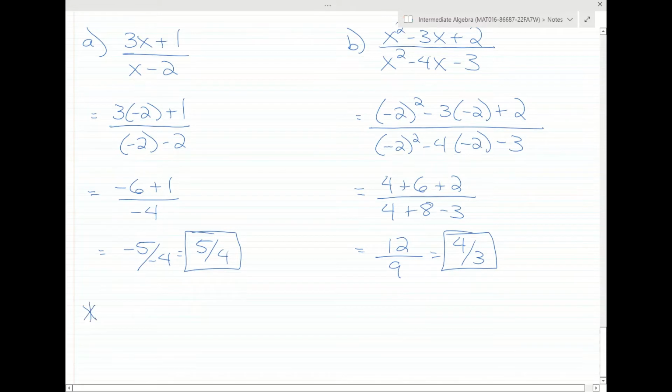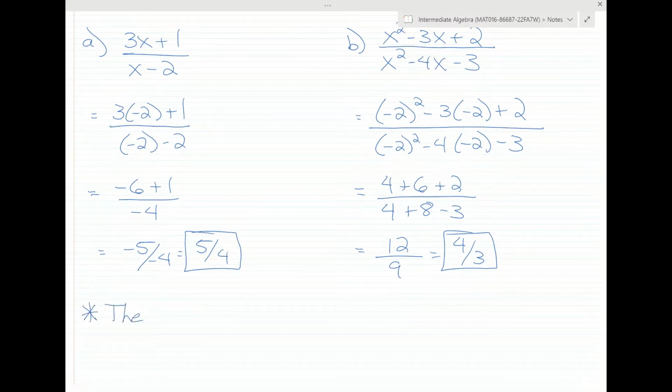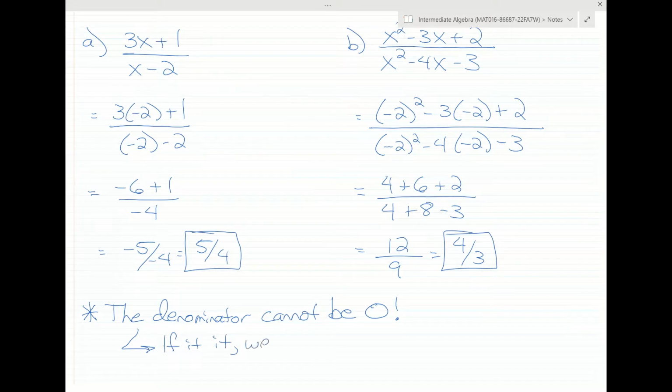One thing that comes up with rational expressions is that the denominator, the bottom of the fraction, cannot be 0. If it is, we say it's undefined.